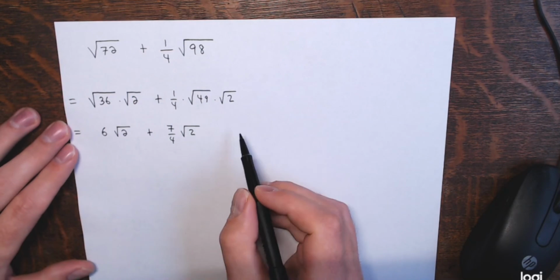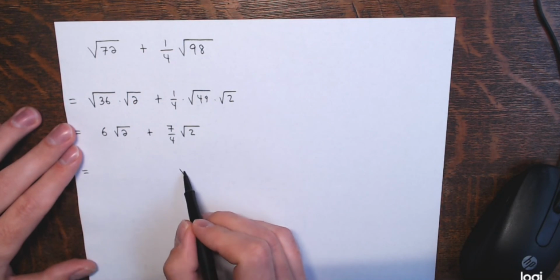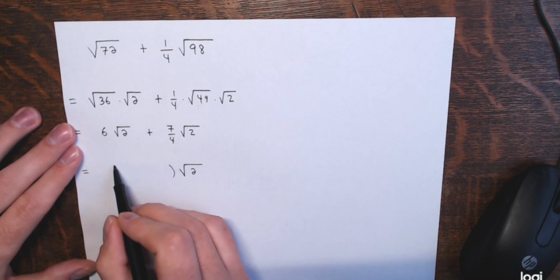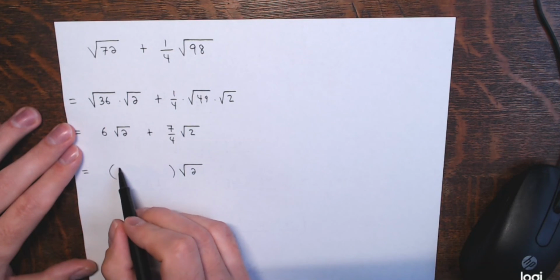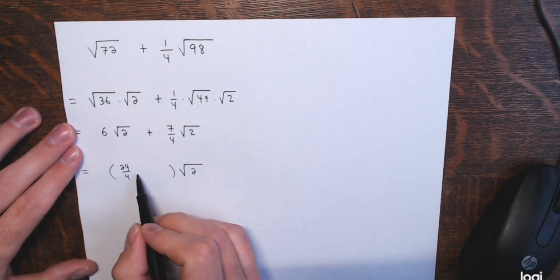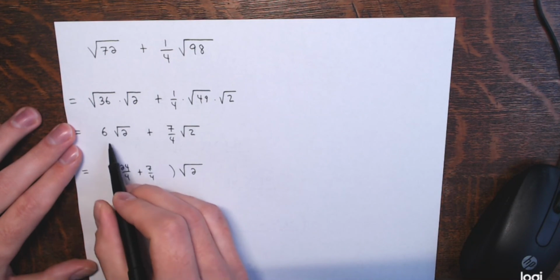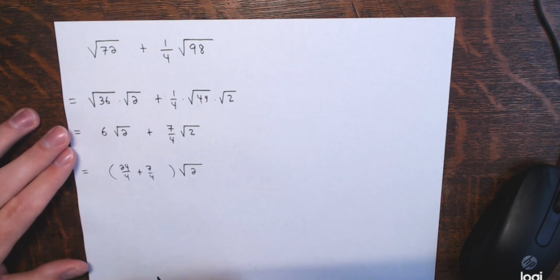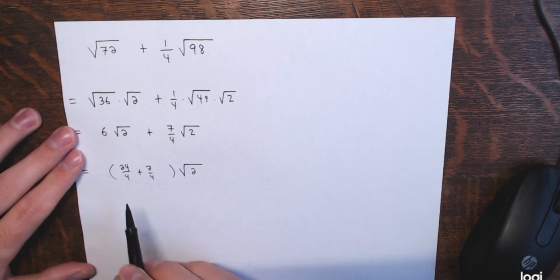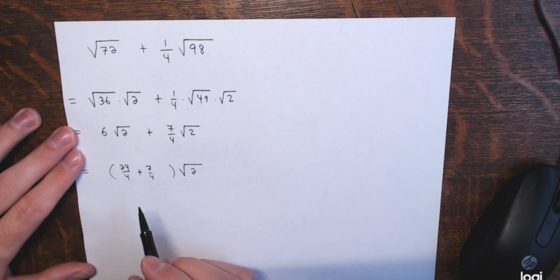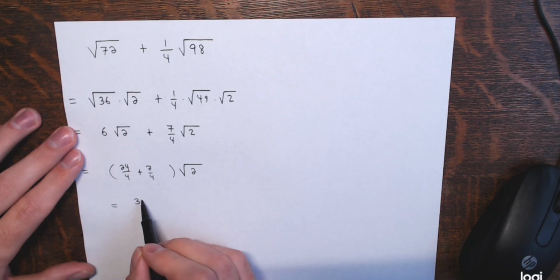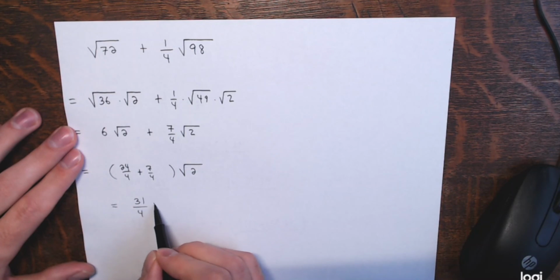And then both of these have the square root of 2 in common. I'll pull that out. And then all I'm adding is 6 and 7/4, so 24/4 plus 7/4, right? 6 is the same as 24/4, so I just wanted to get a common denominator. And then adding these gives me 31/4. So the coefficient is 31/4, times the square root of 2.